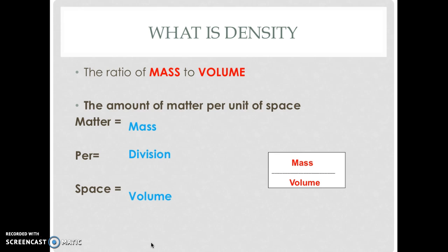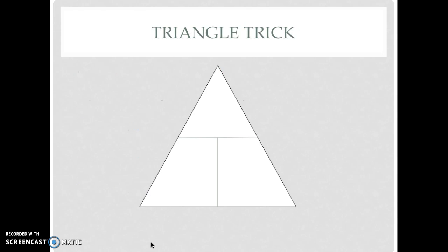Another trick to remember the formula is to draw a triangle on our sketch paper, draw a T inside it, and write D, M, V. M goes on the top, and D and V are side by side at the bottom. From here we can find the density.